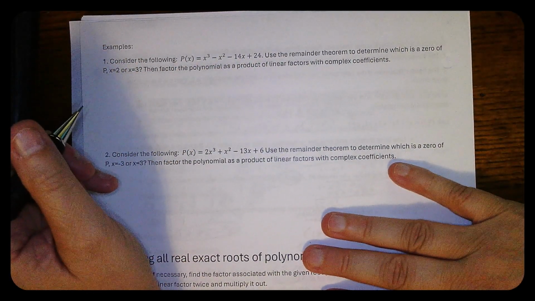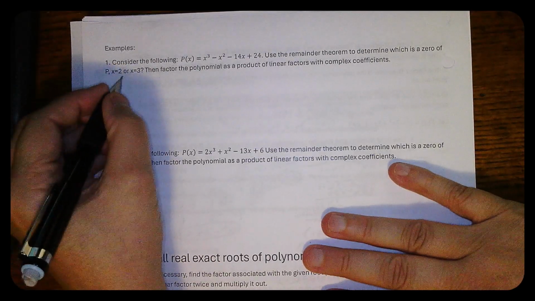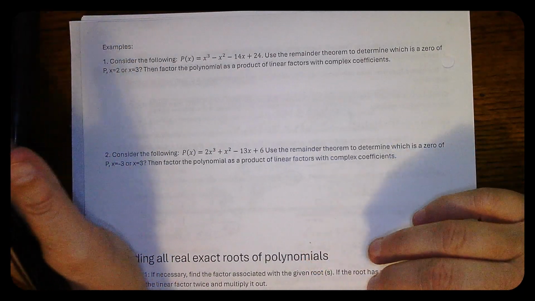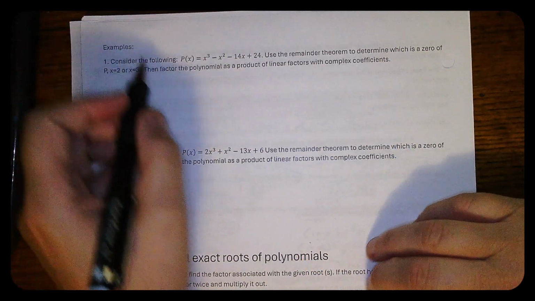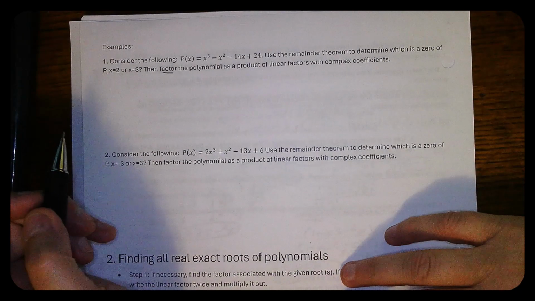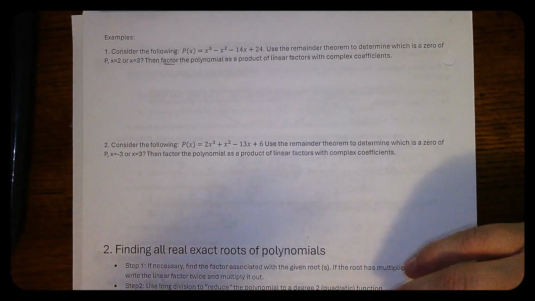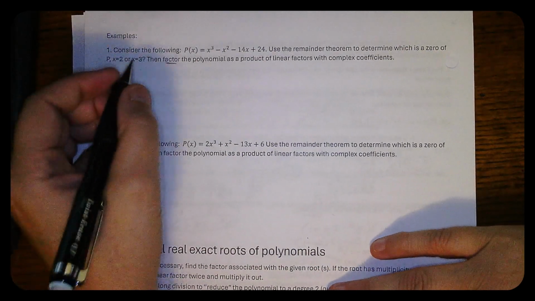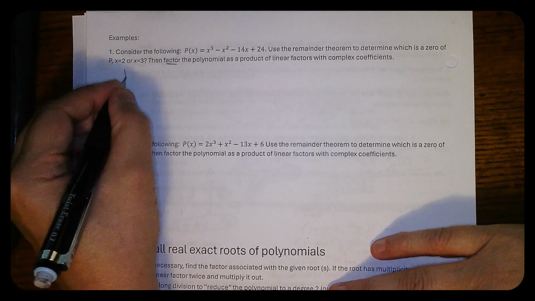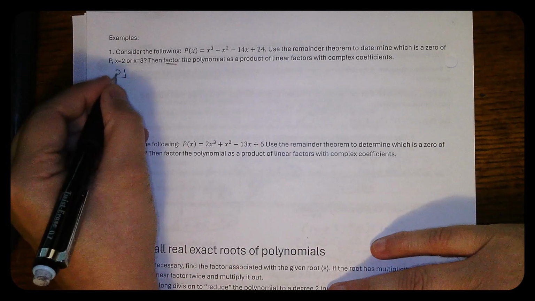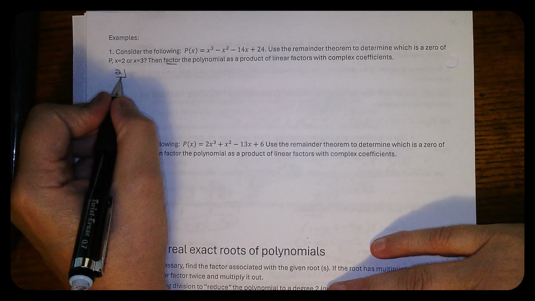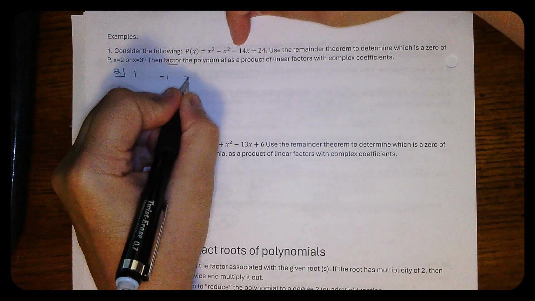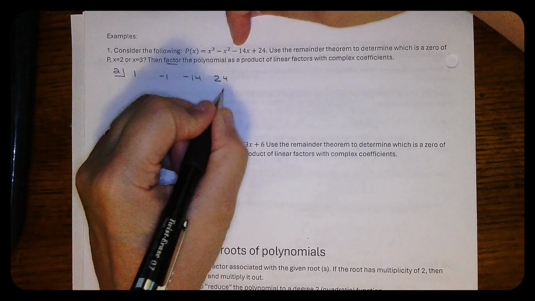Now you can do this a couple of ways. You can plug 2 in and plug 3 in and see what the remainder is. But I wouldn't do it that way because we're then asked to factor. So synthetic division is actually more useful because it gives you the other factor. All right, and it's quick, right? So if I want to see if 2 is a 0, I'm just going to put 2 in the box and then the coefficients 1, -1, -14, and 24.